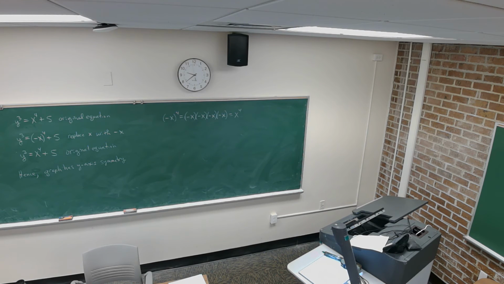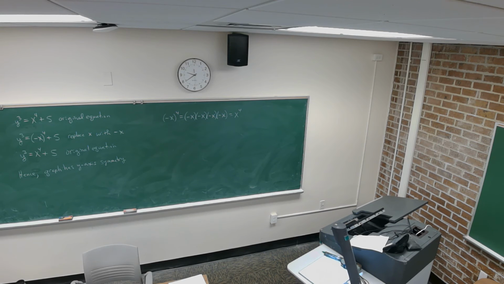So here's the x-axis, and notice that the top half of the graph is a mirror reflection of the lower half of the graph. So if you take your paper and fold it along the x-axis, you could fold the top half of the graph directly on top of the bottom. That is x-axis symmetry.